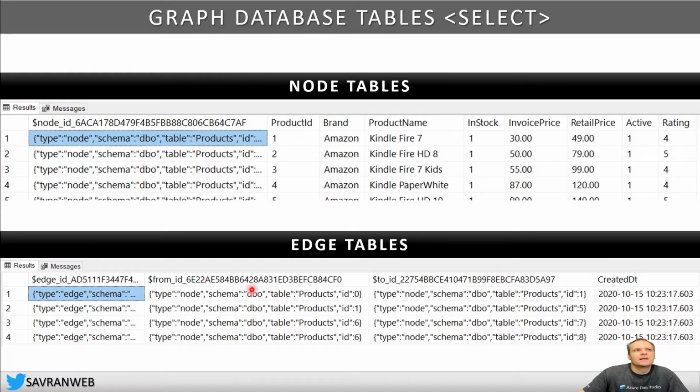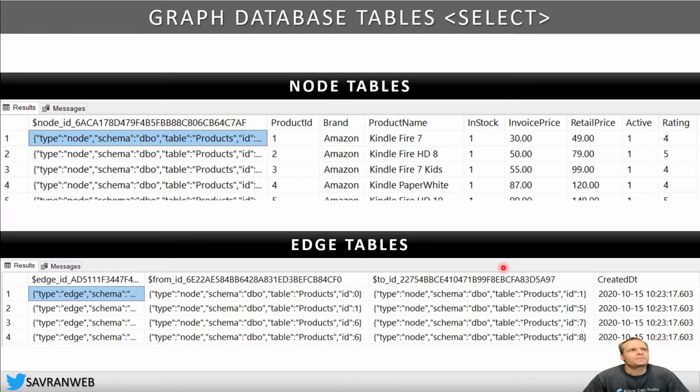This is my from ID and this is my to ID. As you can see, all of those are in a JSON document and the system uses them. So probably you are going to have absolutely no business with them. But it's good to know that if you write select all from those tables, you will see those columns and they will be there.